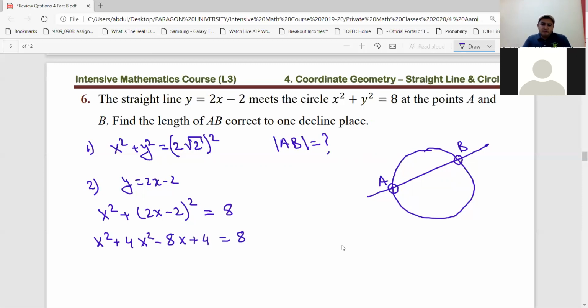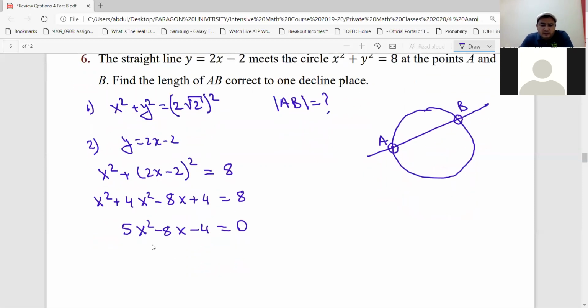If we simplify and bring this into standard form, x squared plus 4x squared gives 5x squared, and minus 8x, 4 minus 8 is negative 4, equals 0.